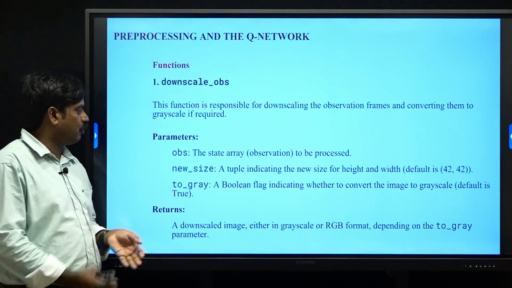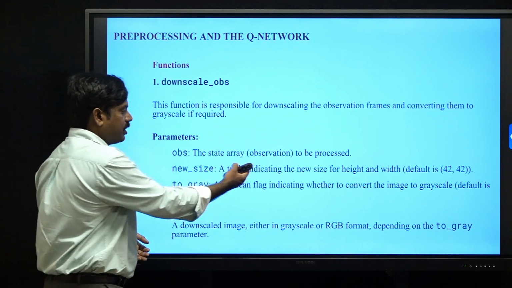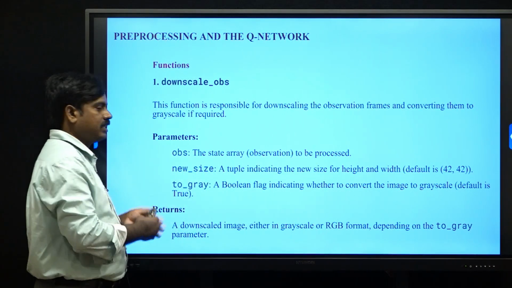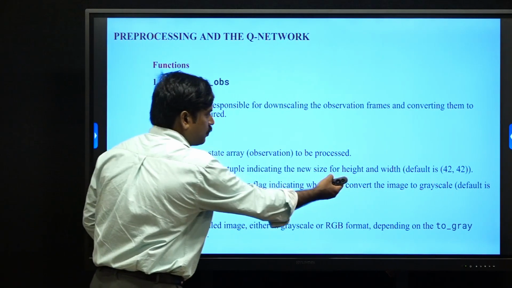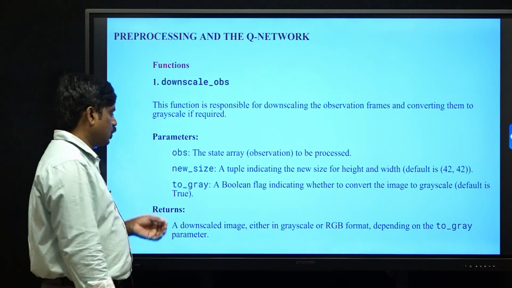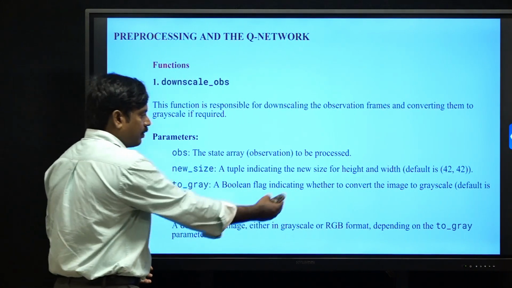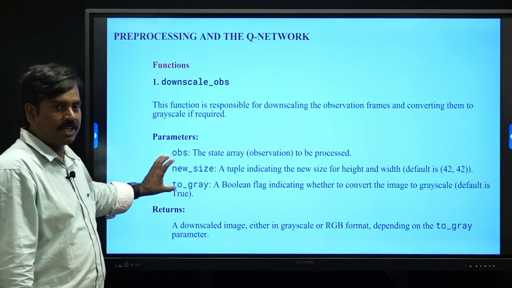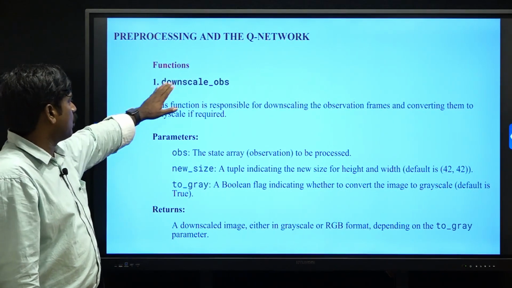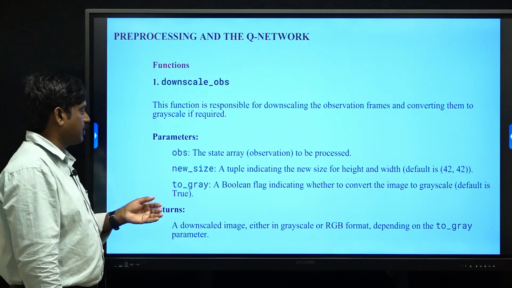The parameters here are: obs, the state array observation to be processed; new_size, a tuple indicating the new size for the height and width; and to_gray, a boolean flag indicating whether to convert the image into grayscale or not. These three parameters are used in the downscale_obs function.